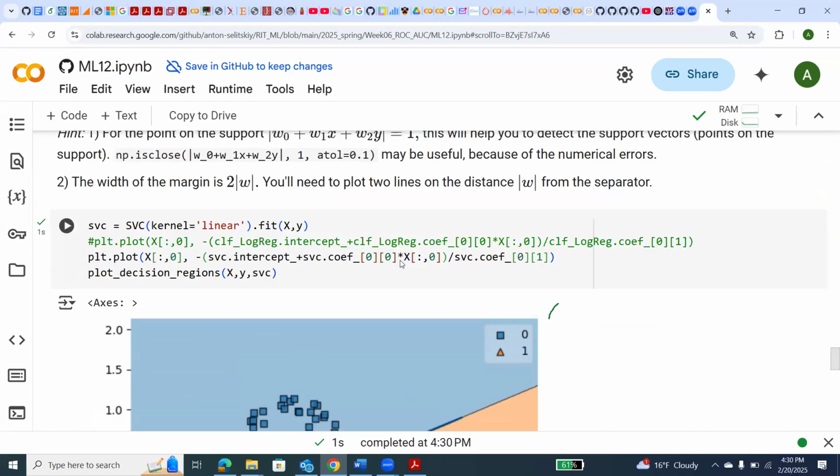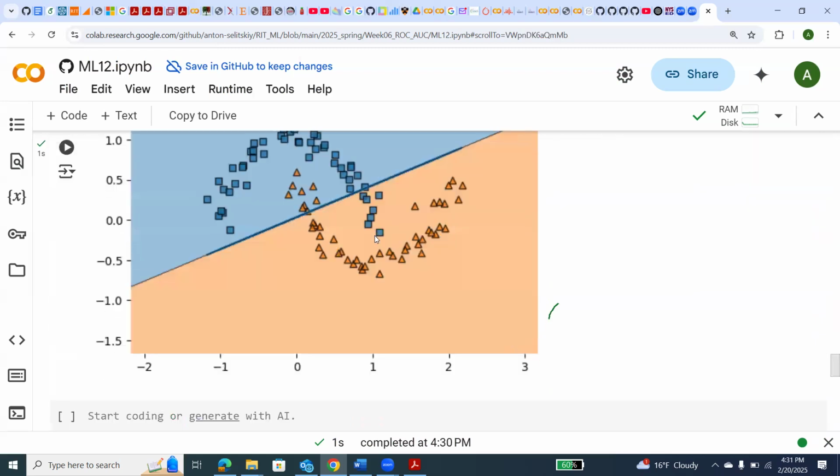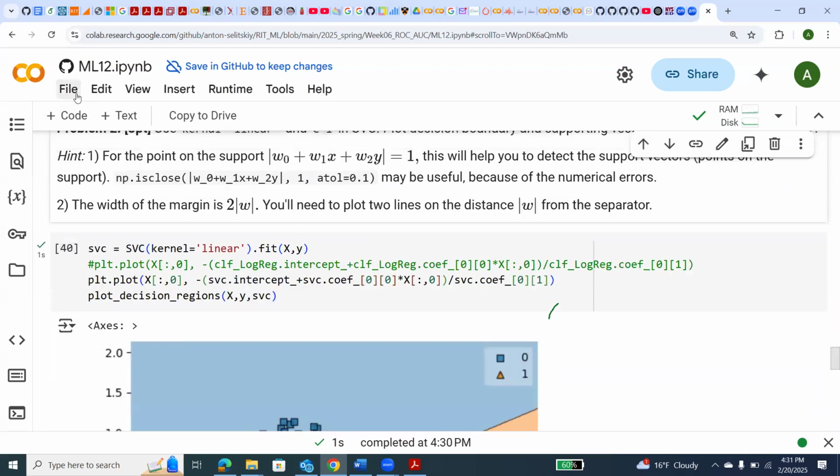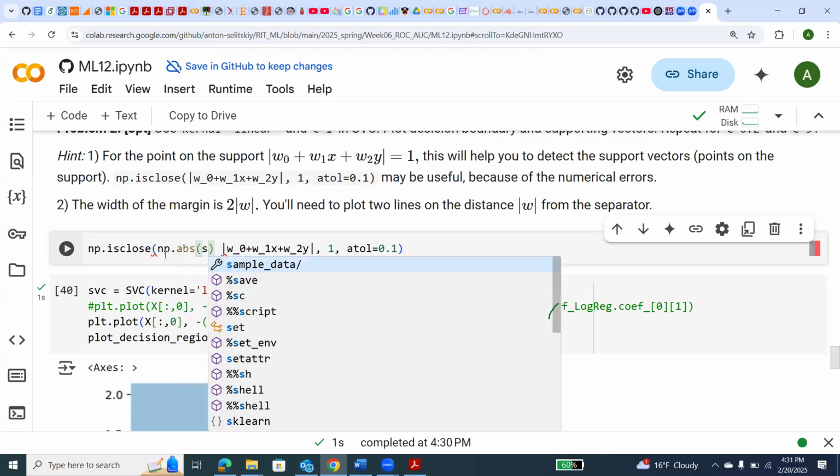But now we also need to define the support vectors. And these are vectors with equation margin or absolute value of dot product equals 1. So you can just use this code: is close to 1. W0 is the intercept.